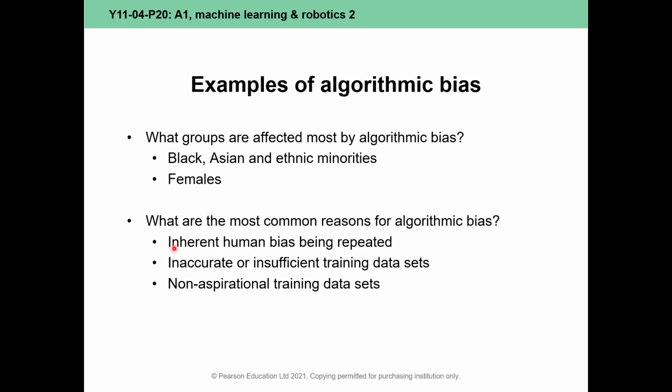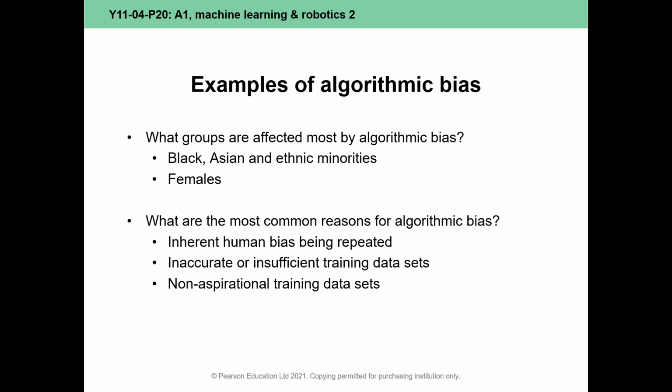So there are 3 reasons here. One is if there are human beings in charge of saying, like supervised learning, we learned about that last time, supervised learning, if the humans say that this is what you should decide, and the humans are biased, then the computer's going to learn that bias from the humans. Or it could be that, like this is often the case, I think it was Facebook's facial recognition or maybe Google's face unlock code or Apple's unlock code.